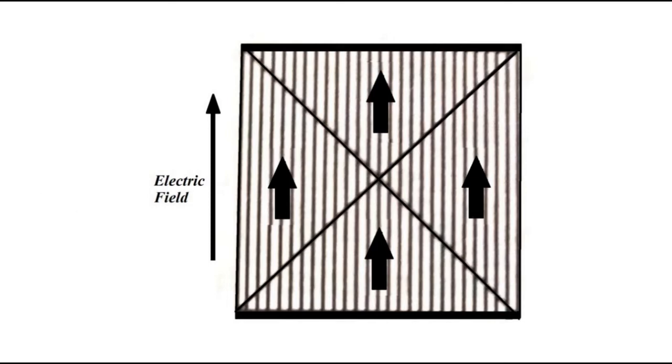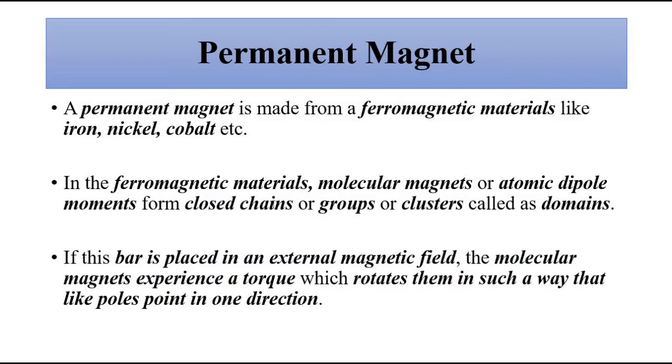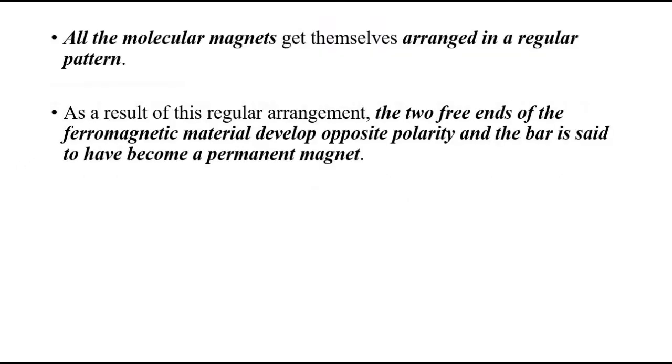So permanent magnets are used for the design of various parts of electrical machines. It is a popular choice because of this strong form of magnetism, and it retains its magnetic characteristics even when the external magnetic field is removed.